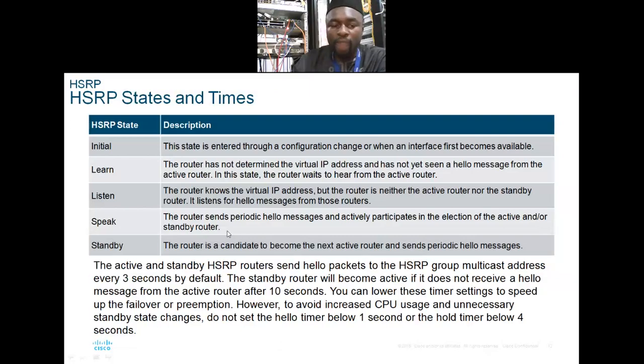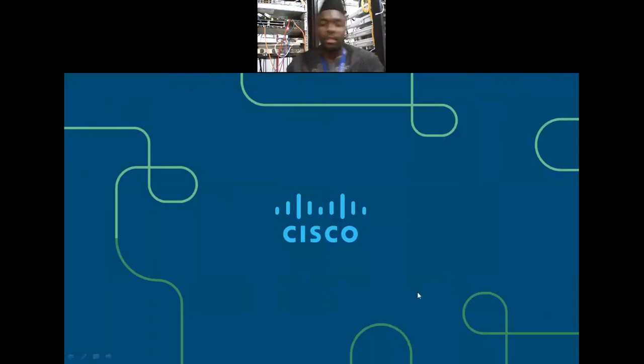So they do the election process. Then standby: the router is a candidate to become the next active router and sends periodic hello messages. All right, so that is that about FHRP redundancy protocol.